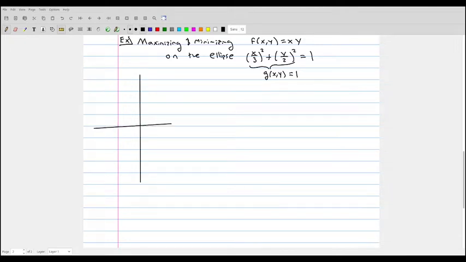And like I mentioned before, if you draw the level curves of a function correctly, you can many times just tell what the solution is going to be before you even do the actual math. So let's do that and show that we can see where the maximum and minimum of the function are going to be without going through this procedure.